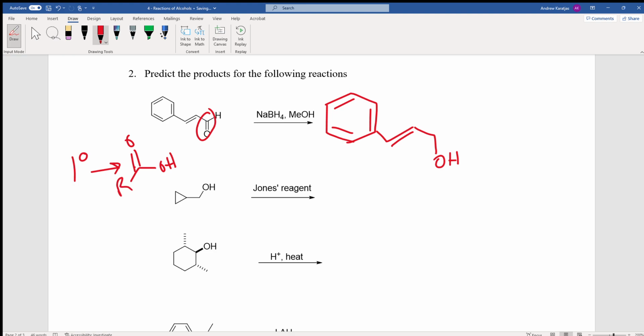If, however, the alcohol is secondary, it can only oxidize once, and we end up with a ketone. Here, this alcohol is primary, and so upon reaction with Jones reagent, we will get the two oxidations all the way to the carboxylic acid.